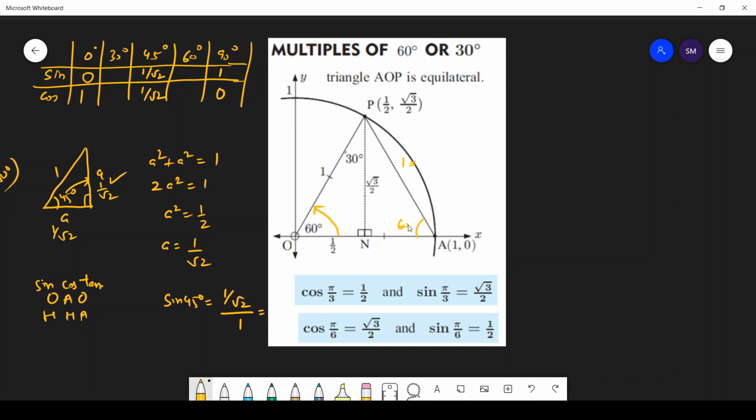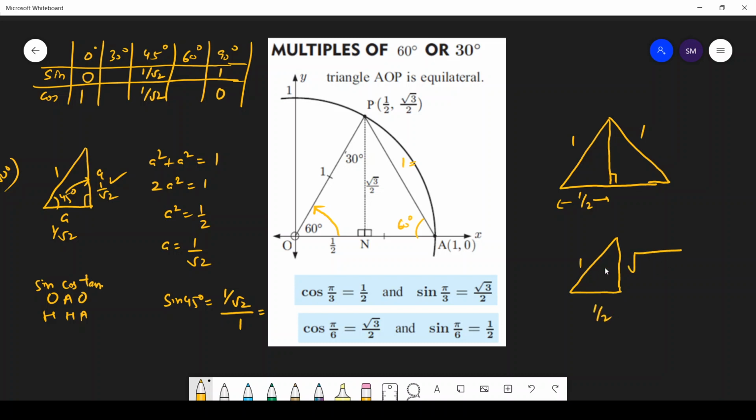So in the equilateral triangle, what will be the coordinates of this point? This is your equilateral triangle. This side is 1, this side is 1. So if we draw the perpendicular bisector, this side will be half. Now if you take this triangle, this is half, this is 1.